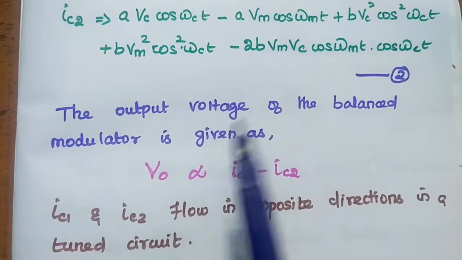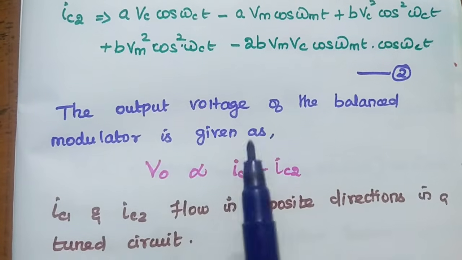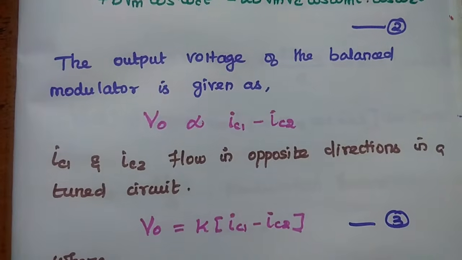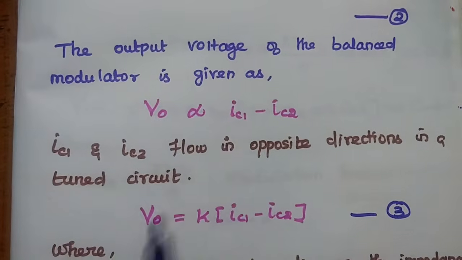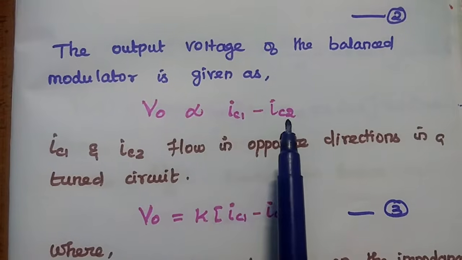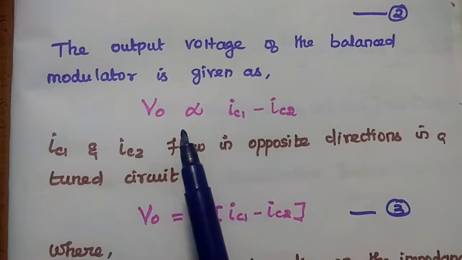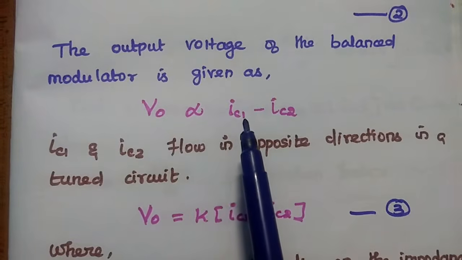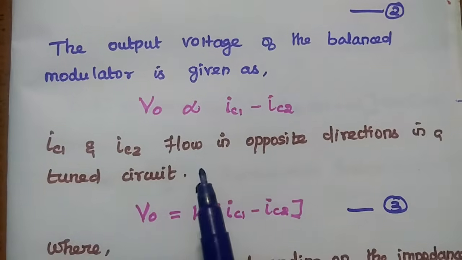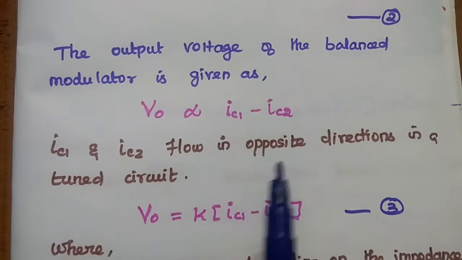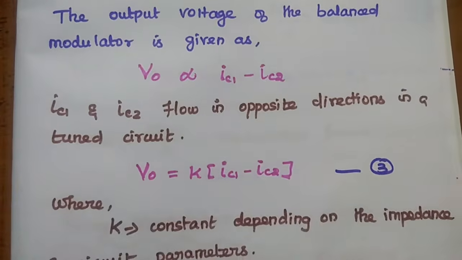The output voltage of the balanced modulator is given like this. The output voltage V0 is directly proportional to the difference between the currents of T1 and T2. So V0 is directly proportional to IC1 minus IC2. So here IC1 and IC2 both are flowing in the opposite direction in the tuned circuit.